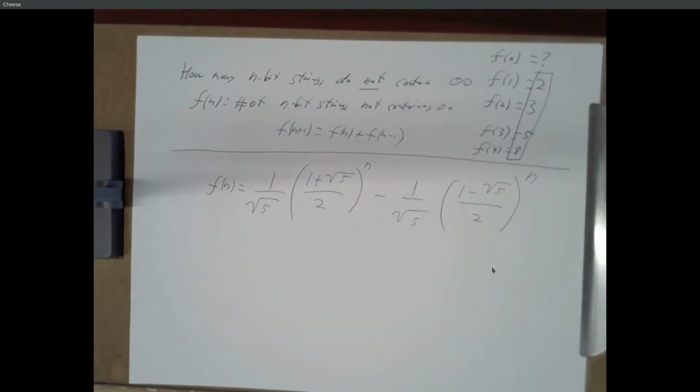But that formula gives you the nth Fibonacci number. And it's not even clear that that has any business being an integer, but it is. You can pop that in on your calculator, set n equal to 10 or something, and you should get a nice integer. It should be the 10th Fibonacci number.